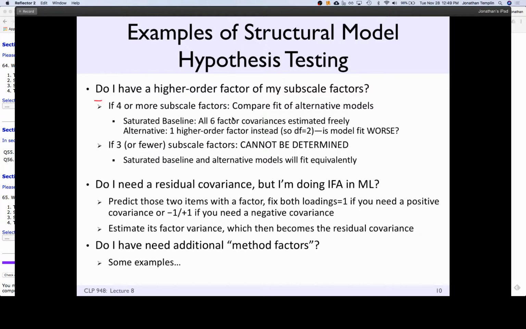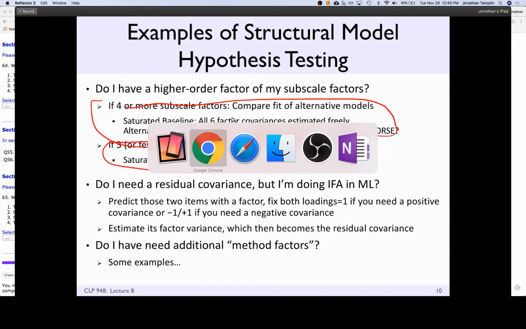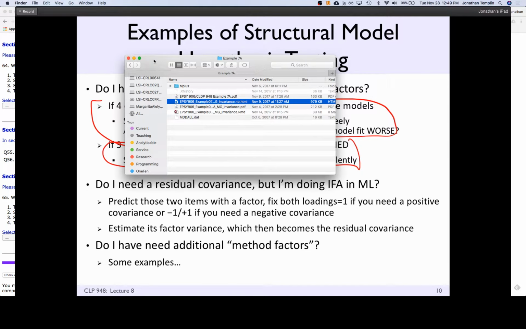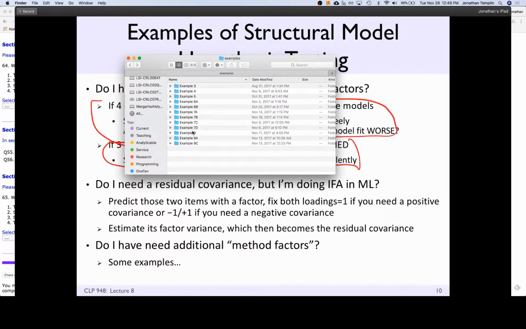So if you have 4 or more, you can actually fit this and estimate it. But otherwise, if you have 3 or fewer, you cannot determine it. And actually, I think that's where I can pull up the example here. If I go to example 8, let me take a look at it.